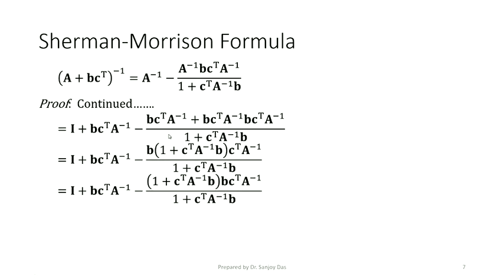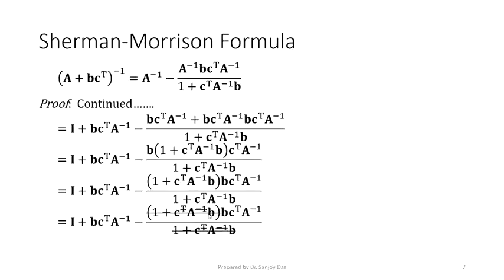So what can I do? Scalar and scalar, the two are identical. We can cancel them out. What I'm left with is this, minus BC transpose A inverse, which is equal to I plus BC transpose A inverse minus BC transpose A inverse. These two cancel out, and I get the identity matrix. Hence, proved. So this is what we proved.